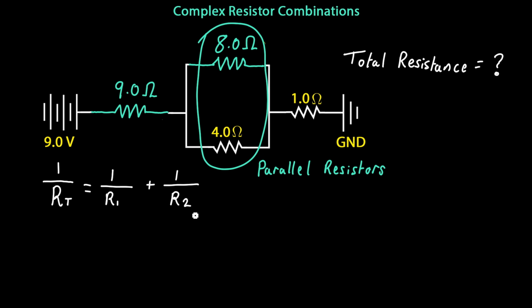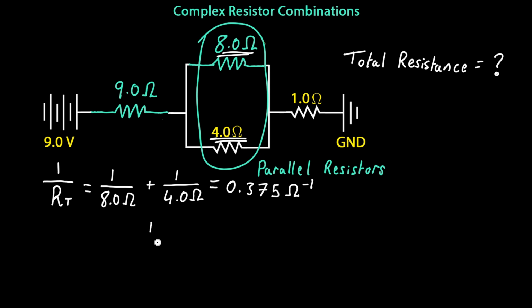Well, it doesn't matter which way round you do this, but you would place the 4 ohm or the 8 ohm into these fractions. And when we sum this up together, we get a total of 0.375 ohms to the power of -1.